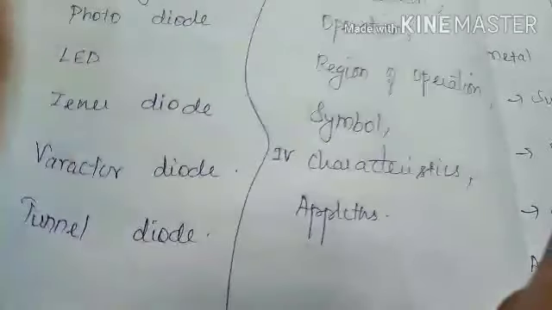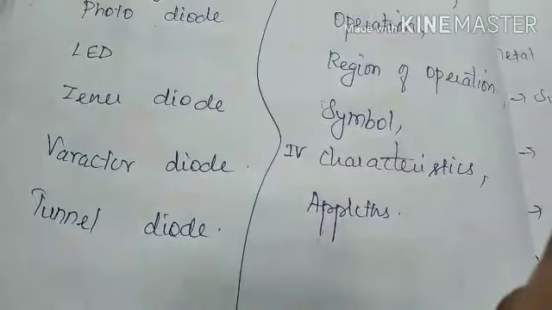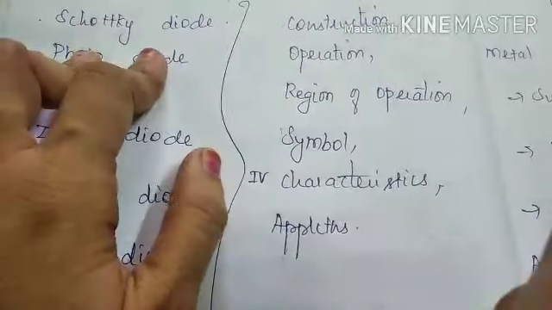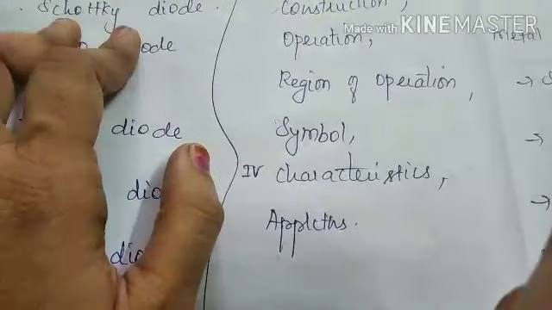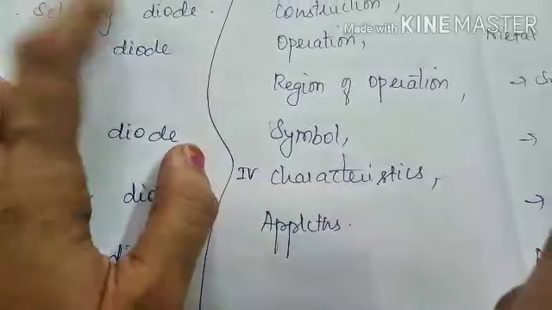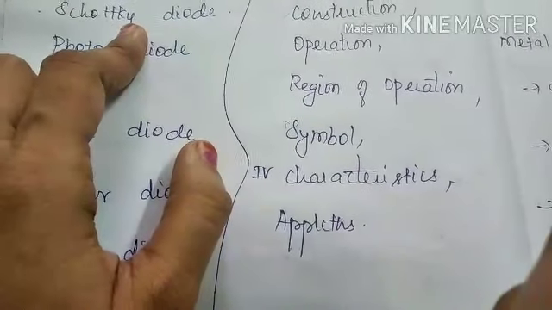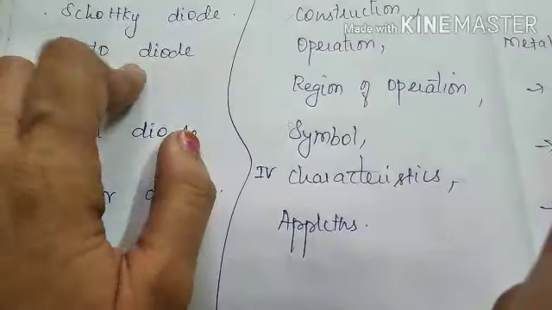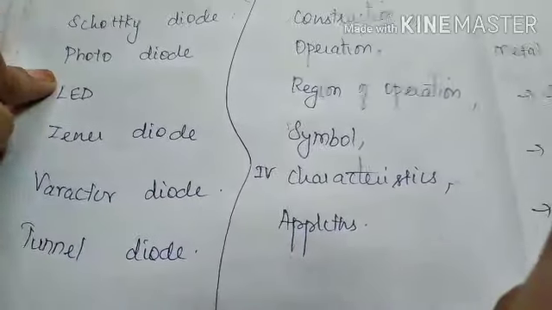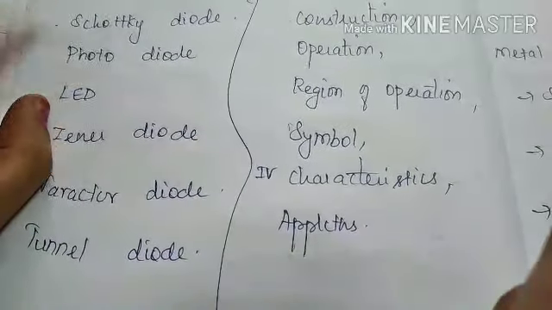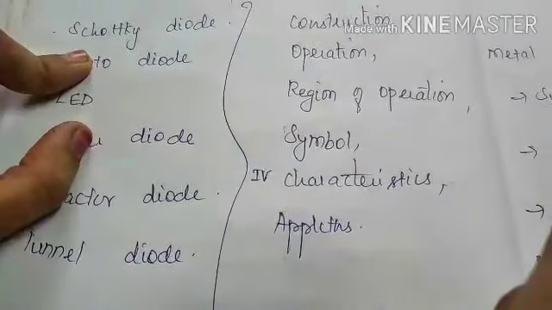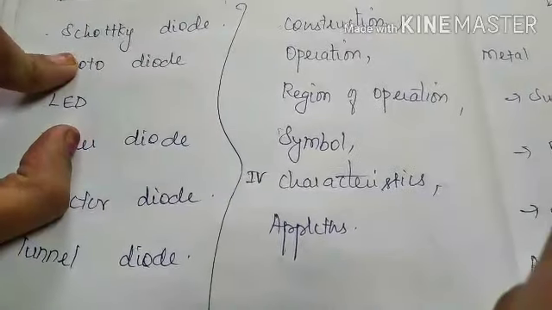Generally, a normal PN junction diode is formed by the junction of two types of semiconductor, that is N-type and P-type, but the Schottky diode is made up of a junction between a metal and a semiconductor, right?